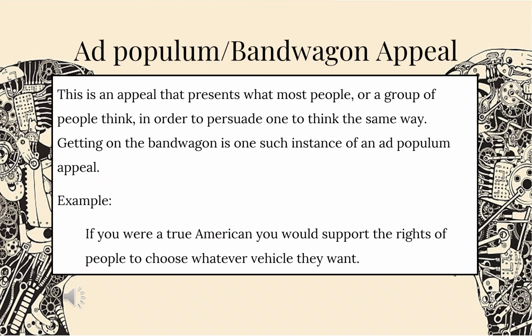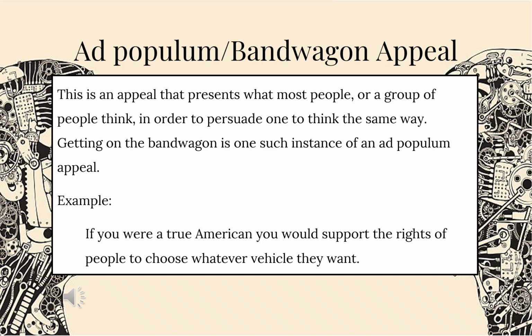Ad populum, also known as the bandwagon appeal. This is an appeal that presents what most people or a group of people think in order to persuade one to think the same way. Getting on the bandwagon is one such instance of an ad populum appeal. For example, if you were a true American, you would support the rights of all people to choose whatever vehicle they want.